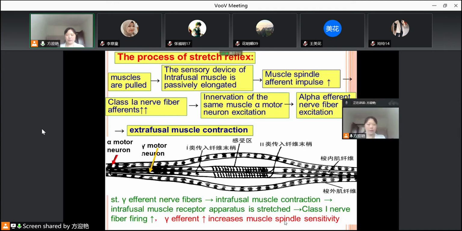So I hope you remember and understand this structure. Understand?